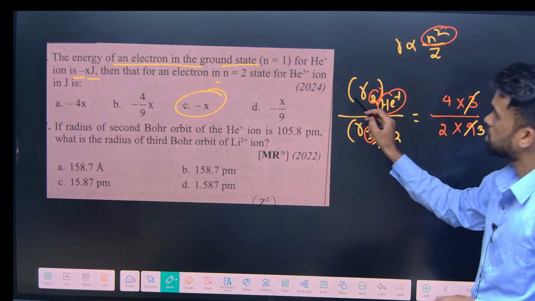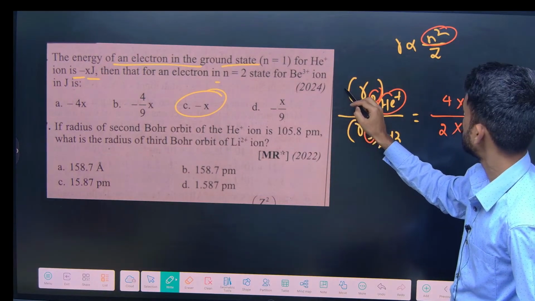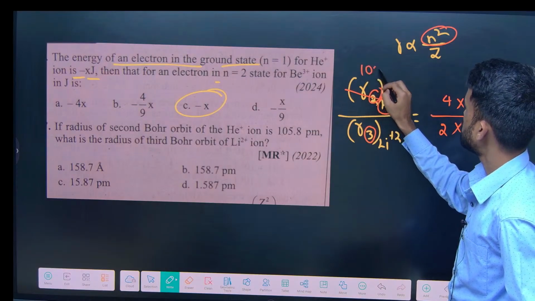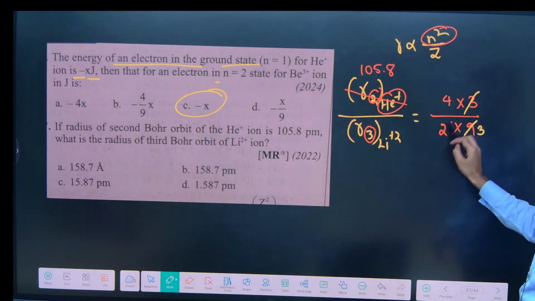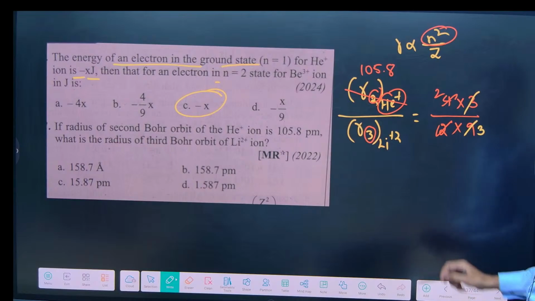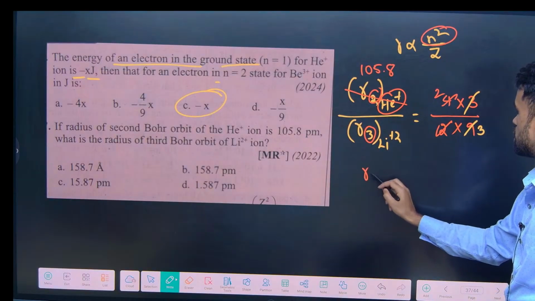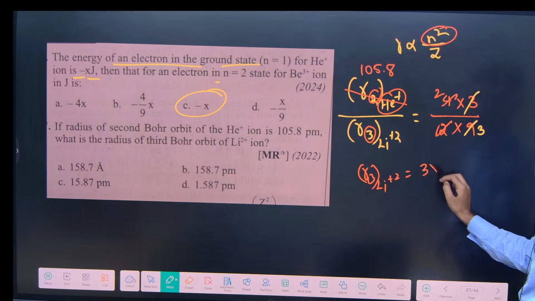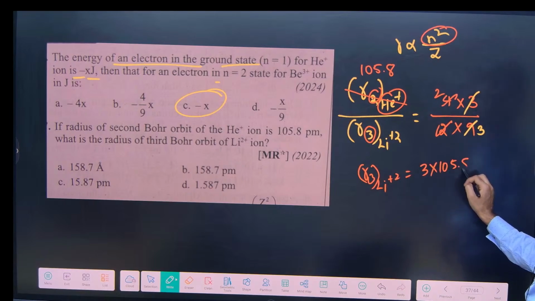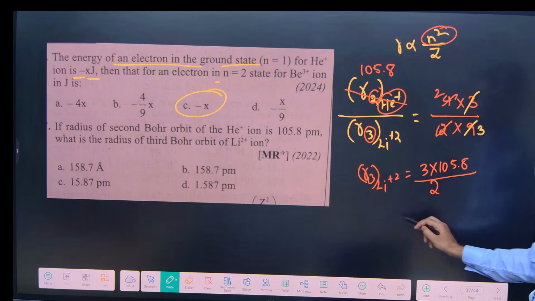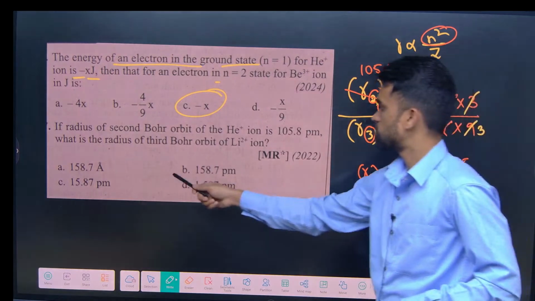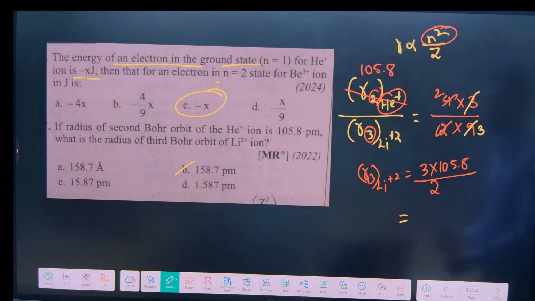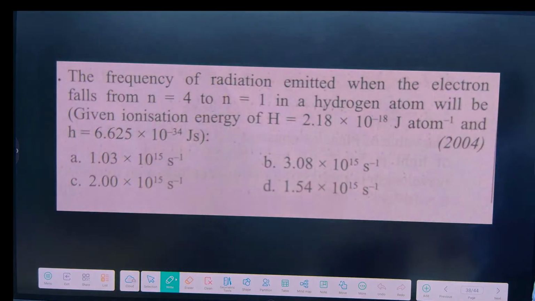Okay, and what about this value mentioned? 105.8. Okay, and this is 2 times. So R3 of Li plus 2 is 3 into 105.8 by 2. So upon simplification, how much we got? 158.7. Okay, that's it.